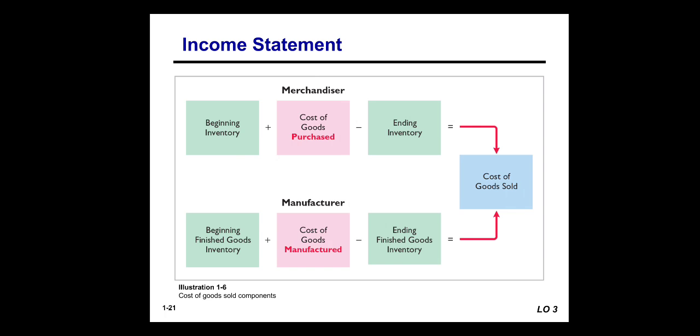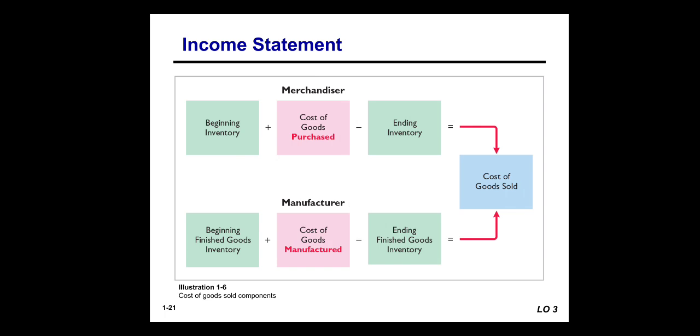So when you want to calculate the cost of goods sold for a manufacturing business, firstly you have to show the beginning finished goods inventory, and then you have to add the cost of goods manufactured. Why do you have to add the cost of goods manufactured? Because a manufacturing business manufactures something.